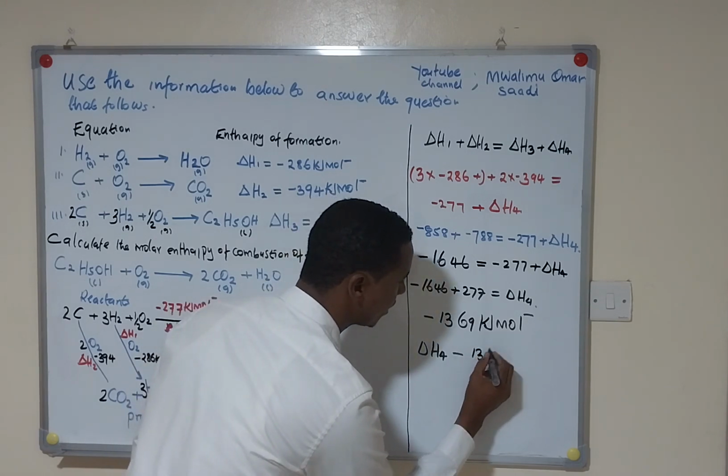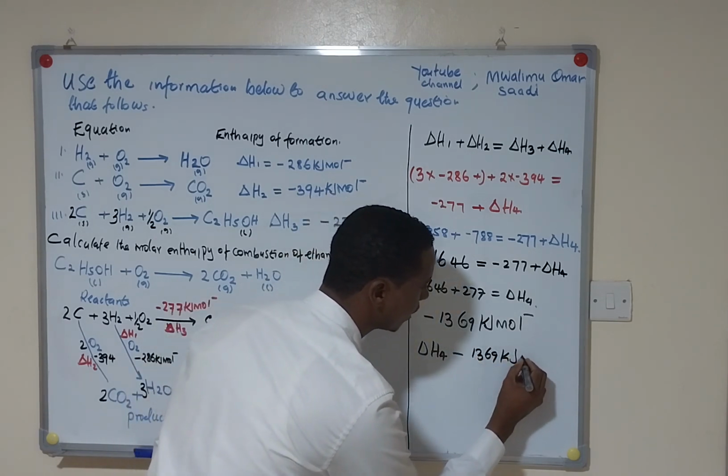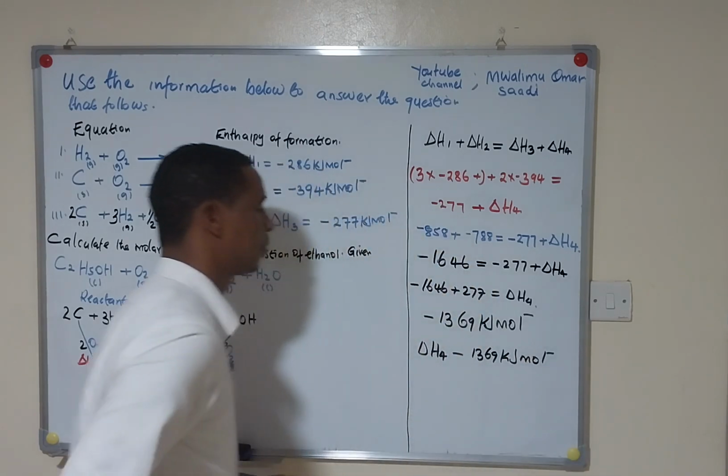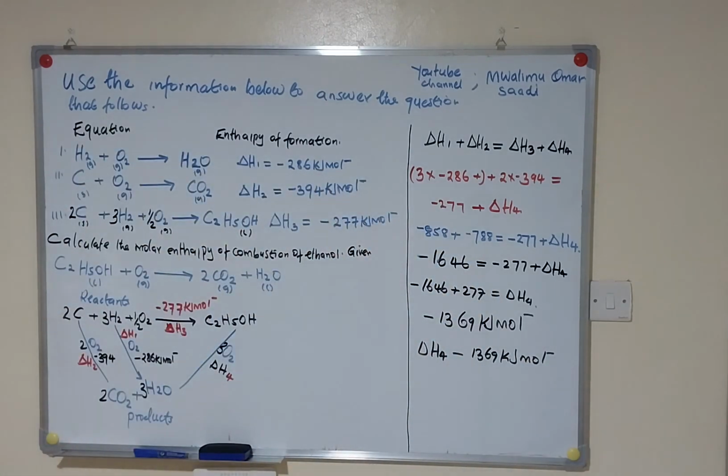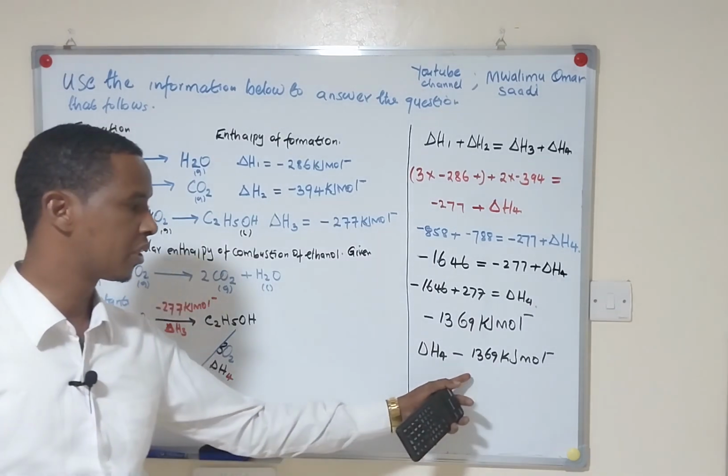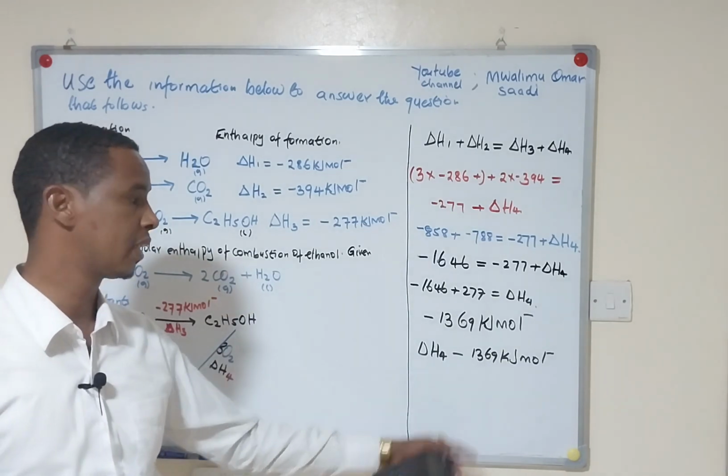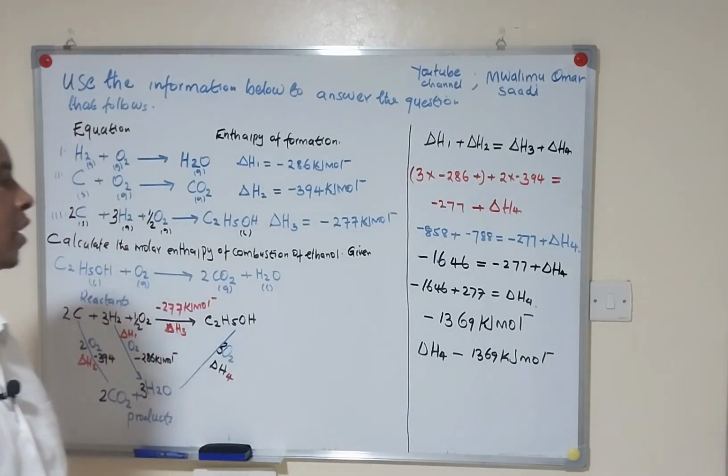So the enthalpy of combustion of ethanol will be negative 1369 kilojoules per mole.